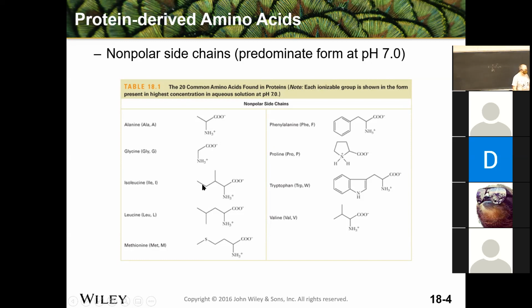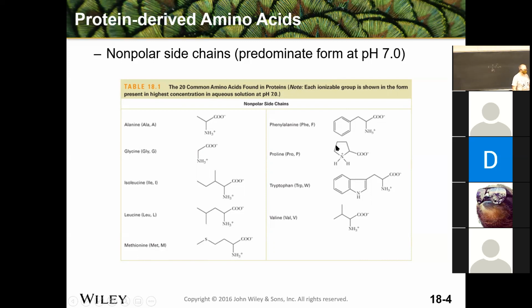Isoleucine, where we have a sec-butyl group. Leucine, where we have an isobutyl group. Methionine, we have a sulfide or thioether group. Phenylalanine, where we have a benzyl group, a CH2 and a benzene ring.